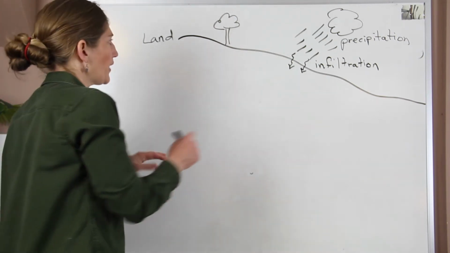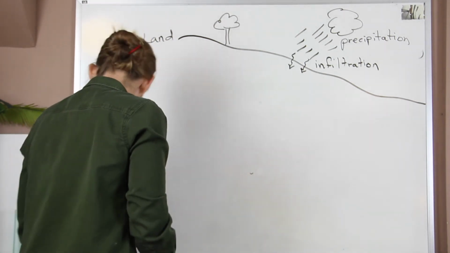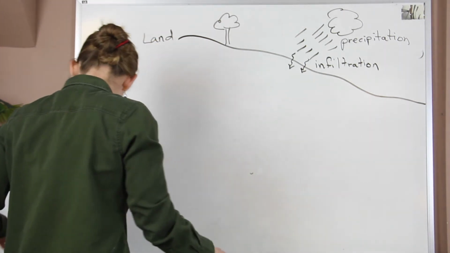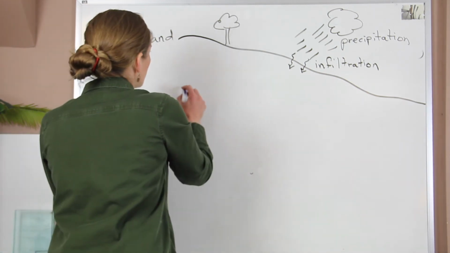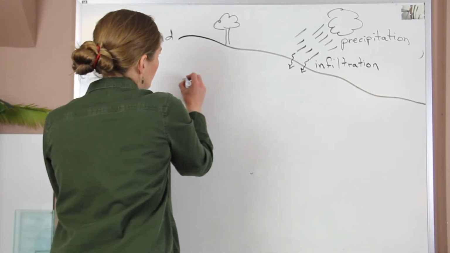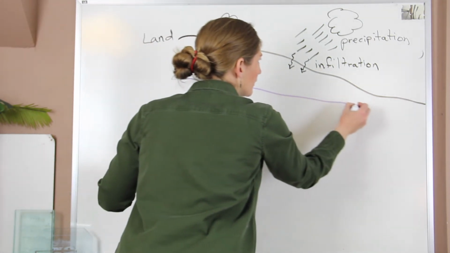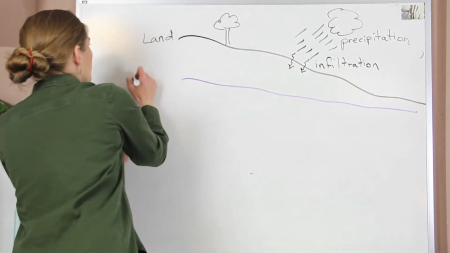We're going to get to a point, I lost my blue pen, we're going to use this purple one now. It will get to a point where we reach the water table.